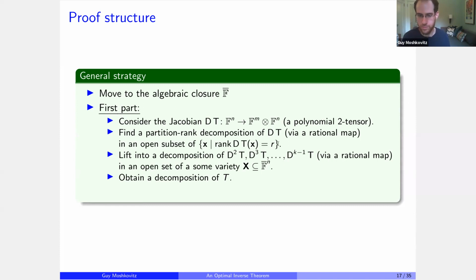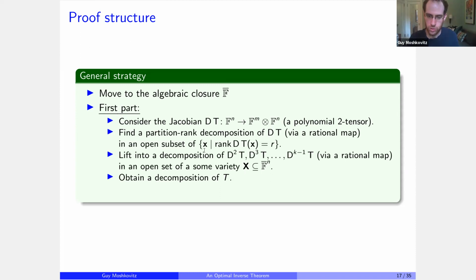We're going to show how, if you have a decomposition of some polynomial map, then we can construct a decomposition of its total derivative. But its total derivative is a 3-tensor, and then iterating, a 4-tensor and so on.